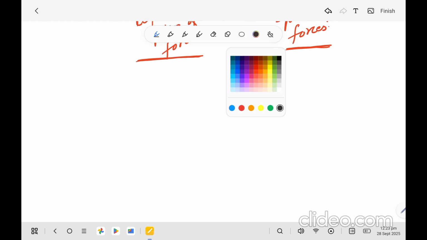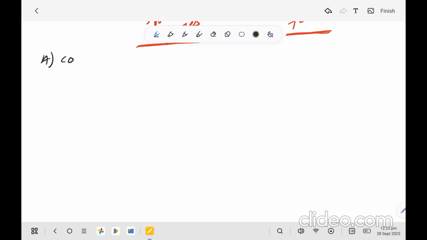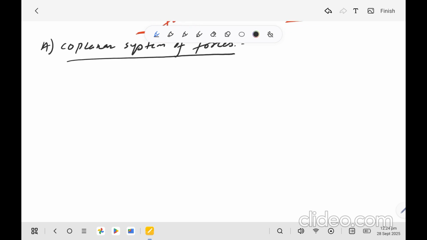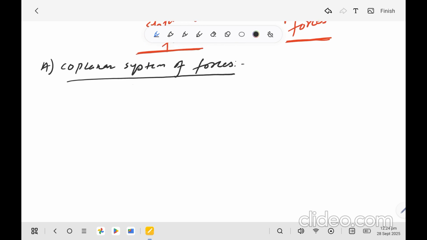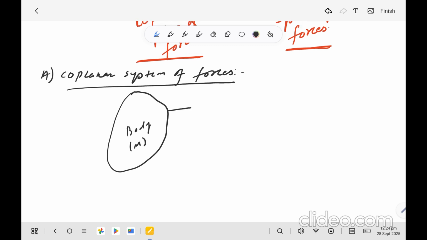So let's discuss first the coplanar system of forces. To understand the coplanar system of forces, let's again assume a system or a body having some finite mass and a group of forces acting on this object.